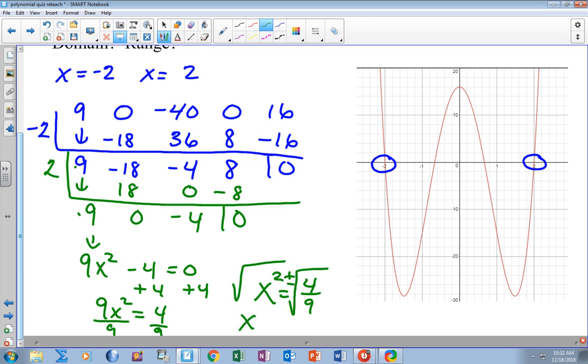I think it says x equals plus or minus 2/3. So that means our roots are x equals positive 2/3, x equals negative 2/3, x equals 2, and x equals negative 2. All right, so those are our zeros.